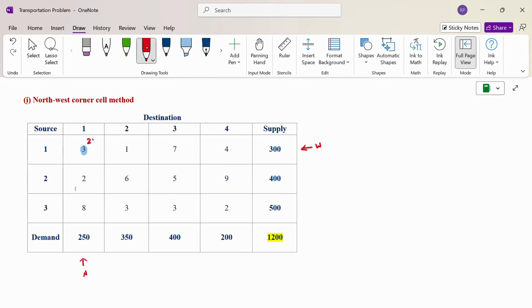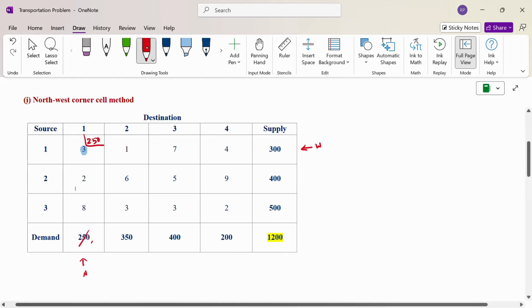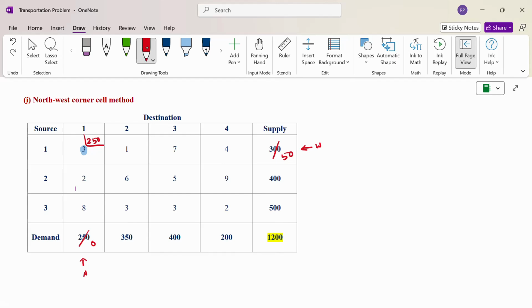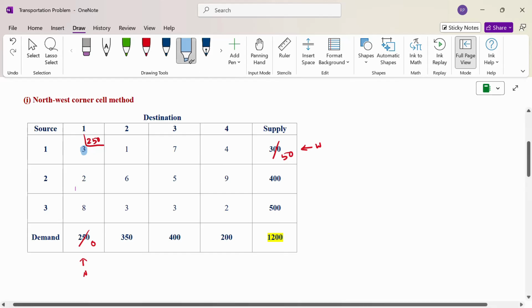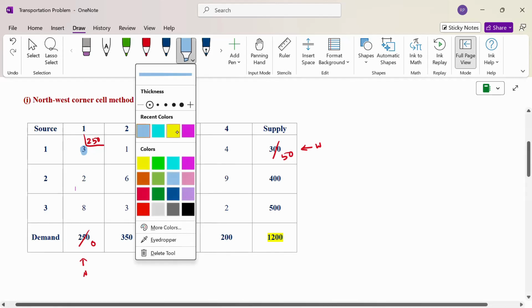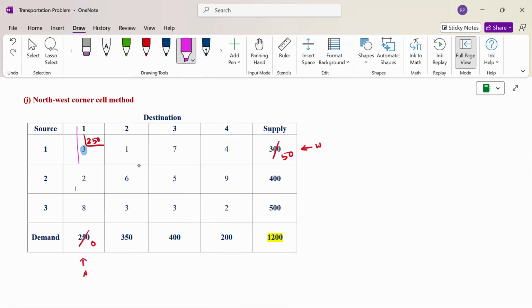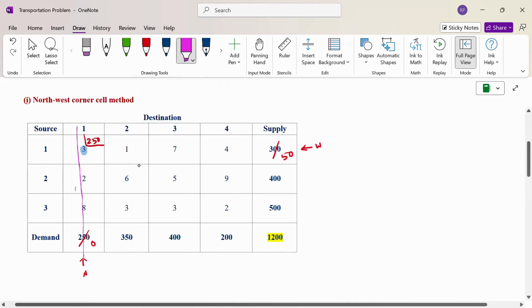So allocation here is 250. Now the balance is 250 minus 250 is 0, and 300 minus 250 is 50. Where there is 0 in any particular row or column, delete that row or column. Here the column is 0, so I am going to delete this column.